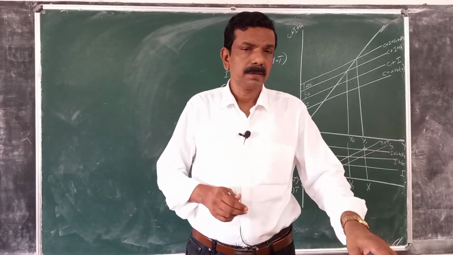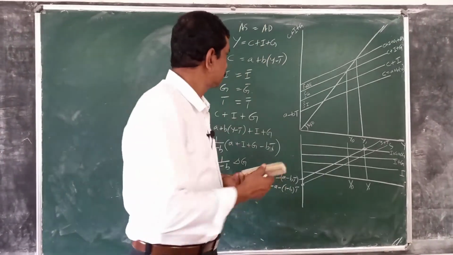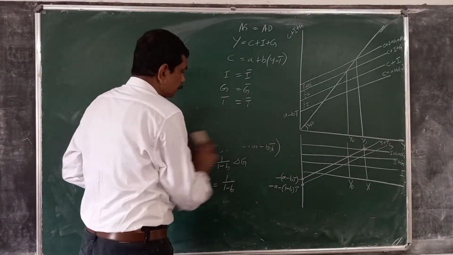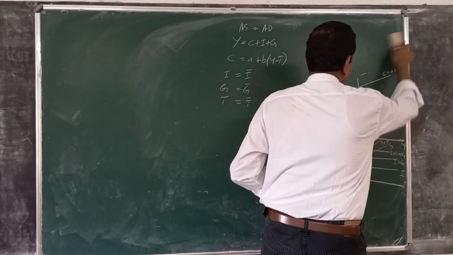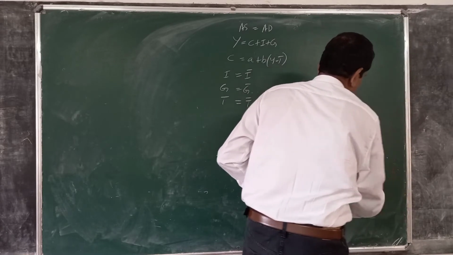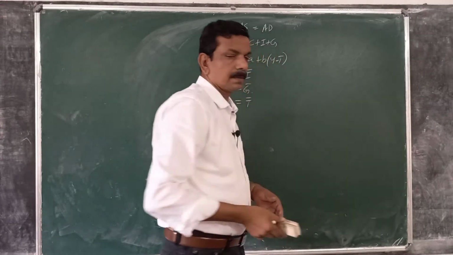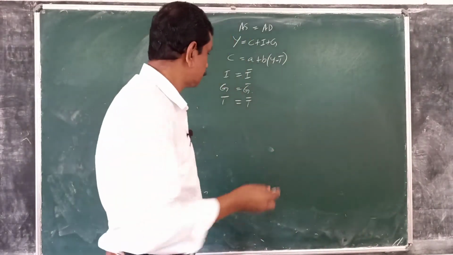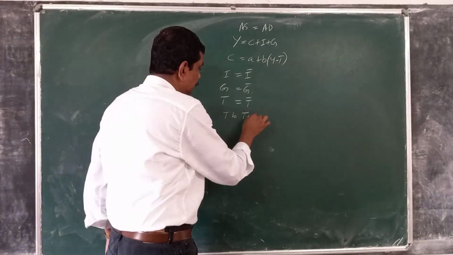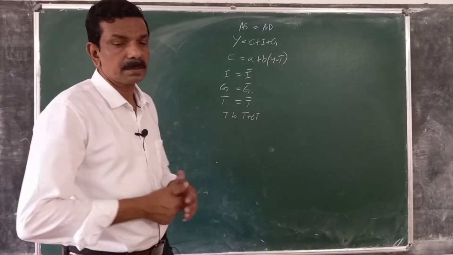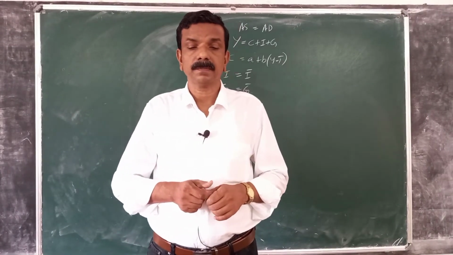Now let us consider a second type of fiscal policy. Suppose that government changes its tax from T to T plus delta T. An increase in tax, keeping government expenditure constant.